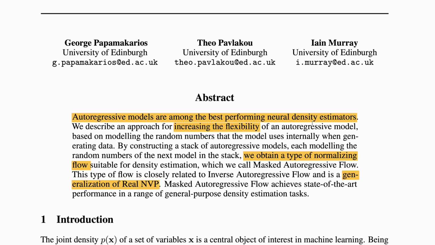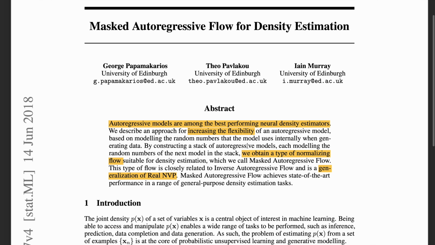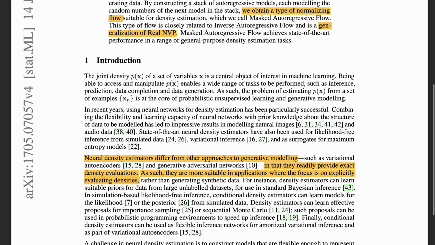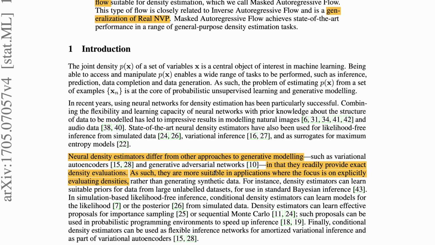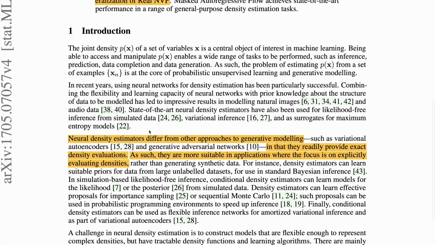And that's very important, especially in physics, when you want to get the densities of your data points. If you just want to generate images, it's not needed, but being able to evaluate the density is needed in a lot of applications. That's exactly what is said here in the introduction. I was a bit too early for that, but that's exactly what they say.